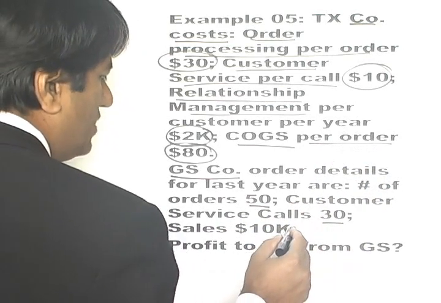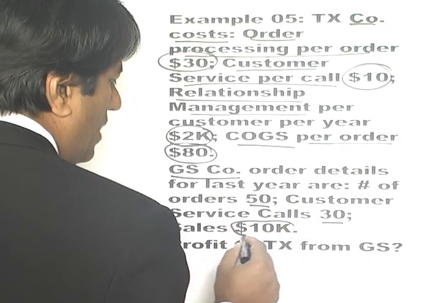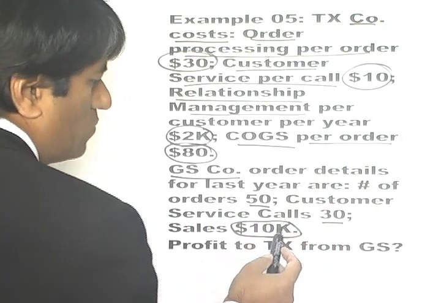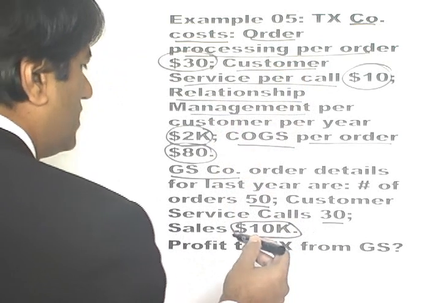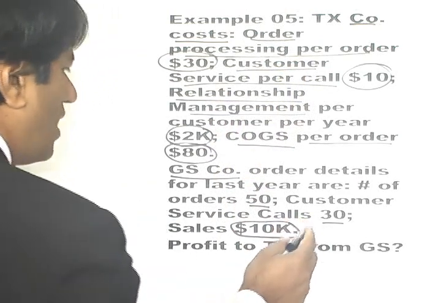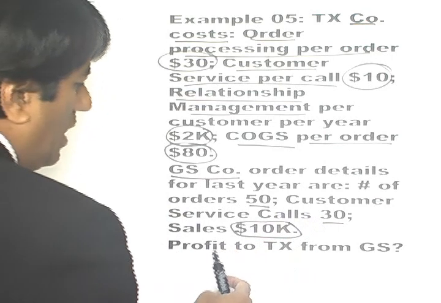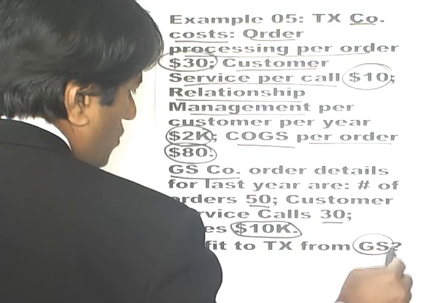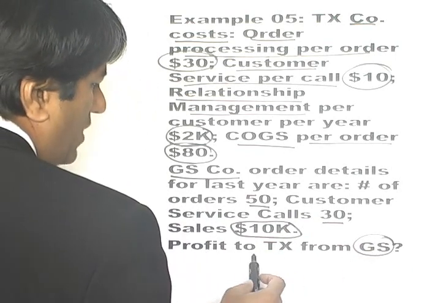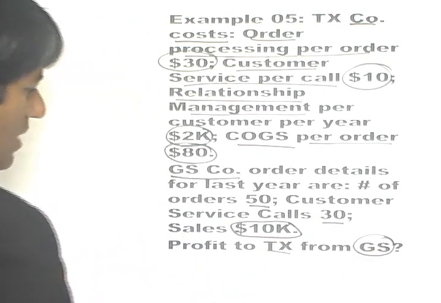And sales were 10,000. So this is what GS paid to TX. And we have to now figure out if this account is producing a profit or not to TX.